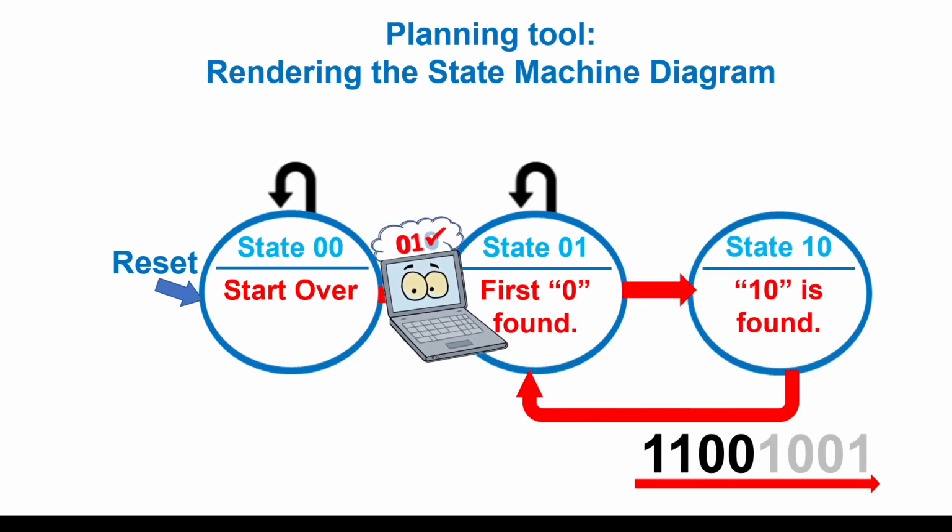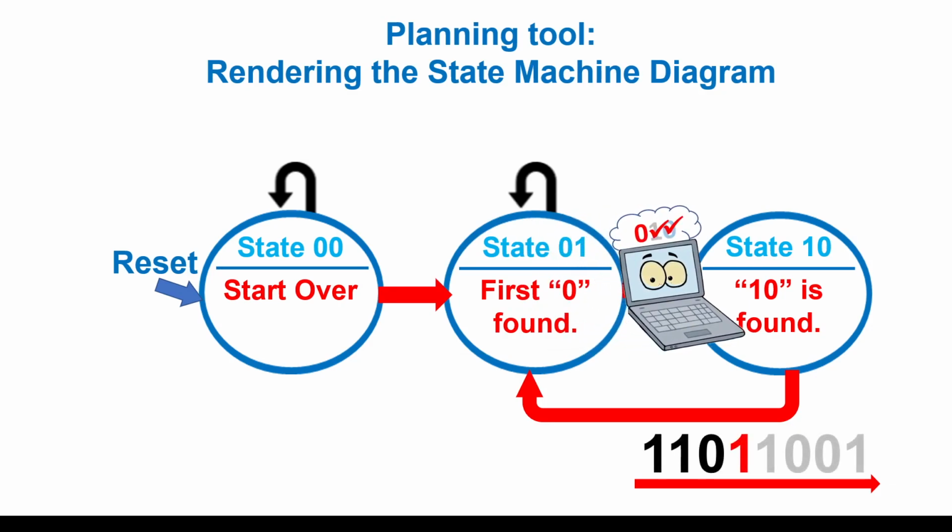So the attention of the computer goes back to state 0, 1. We acknowledge that we have found the sequence, but now we're on to another sequence, which is why only the first 0 of the sequence in the little thought bubble of the computer is checked.